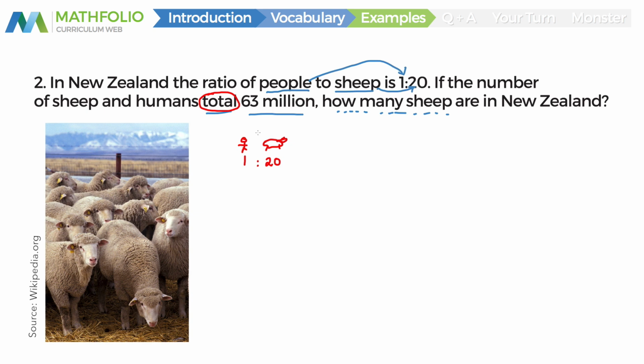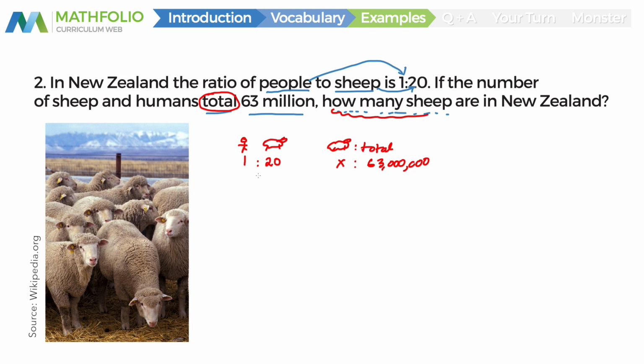But towards the end of this, we've got the total is 63 million. And we want to know how many sheep there are. Well, so far we can't let 1 over 20 equal X over 63 million because this is a person per sheep and this is a sheep per total.